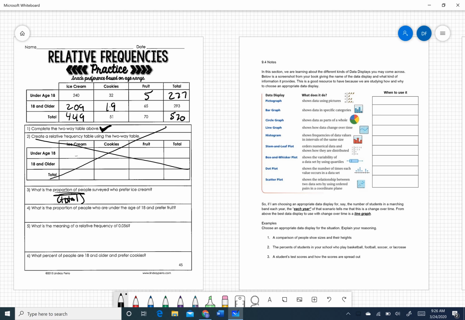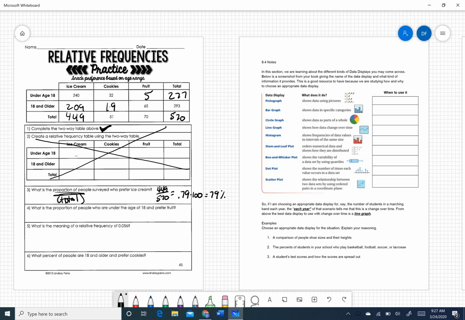If we look at our two-way table, we see 449 people prefer ice cream out of the 570. So I can do 449 divided by 570 to get approximately 0.79, and then multiply that by 100 to get that my percent is 79%. So 79% of people said that they prefer ice cream.